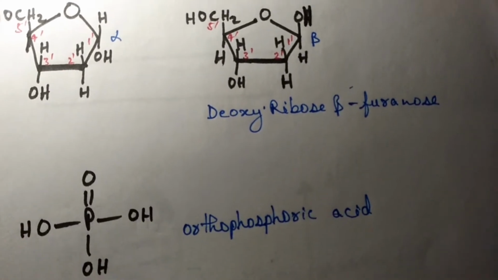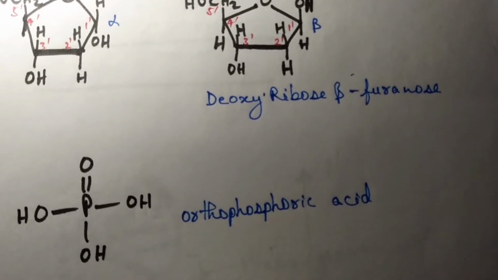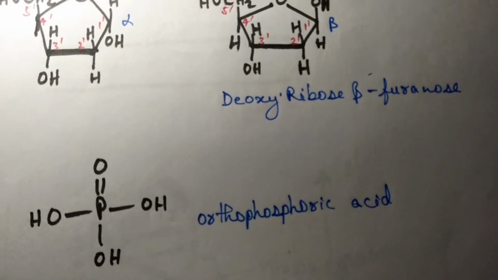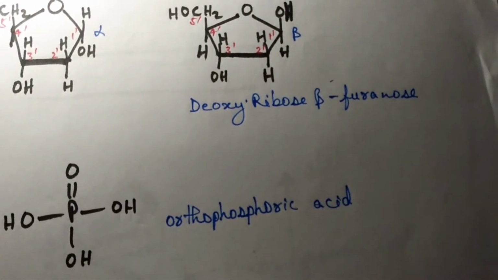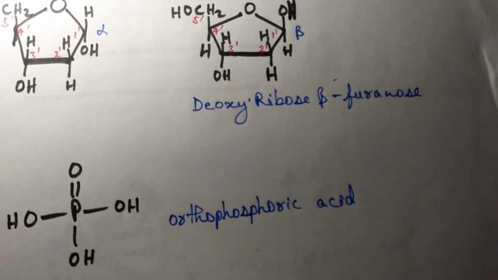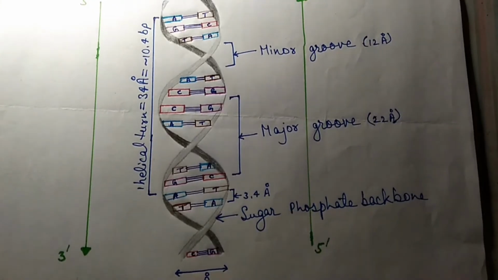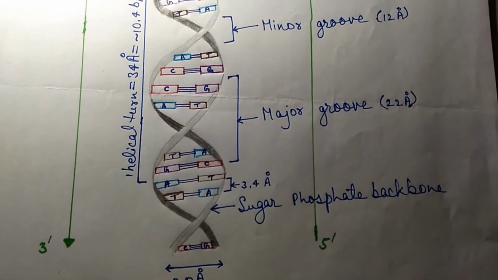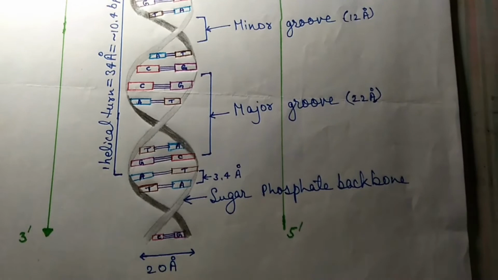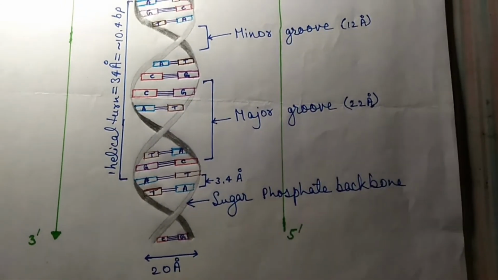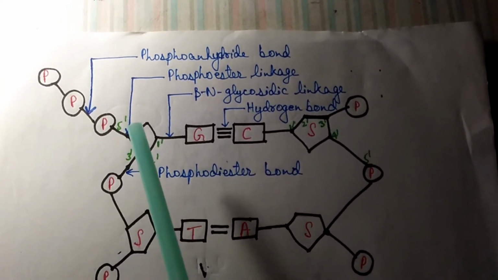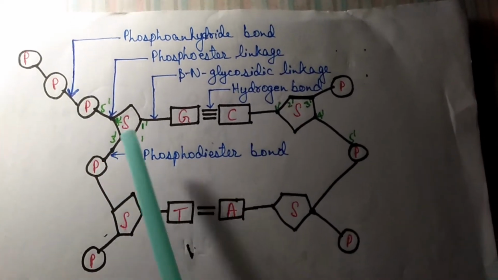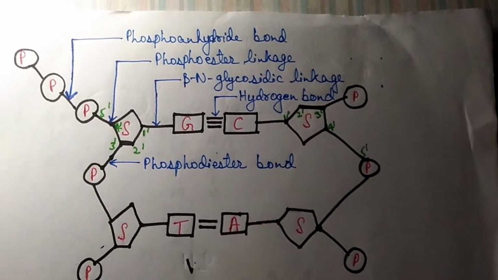The only difference between the two pentose sugars in RNA and DNA is that there is one less oxygen atom in deoxyribose at 2'. Do you know the backbone of a polynucleotide chain is formed due to sugar and phosphate? The phosphate group is linked to the 5' carbon of the nucleoside, and a phosphoester linkage is formed.